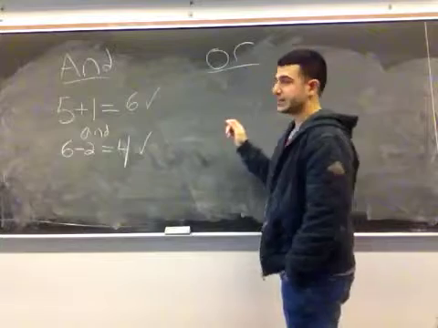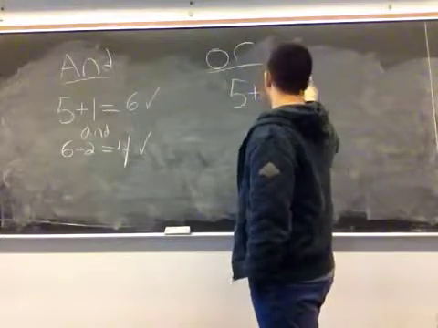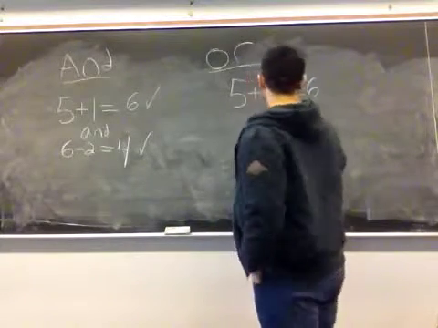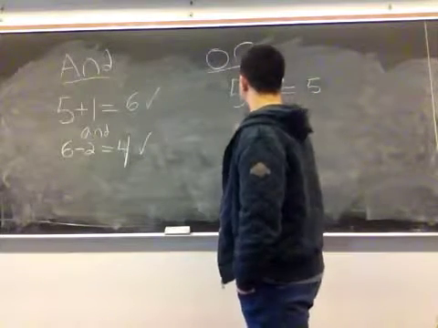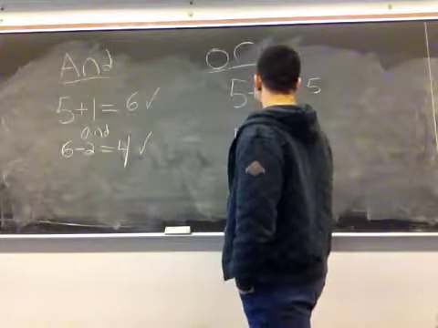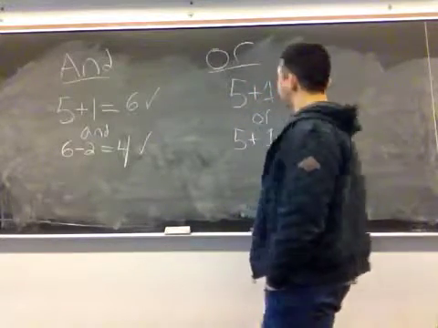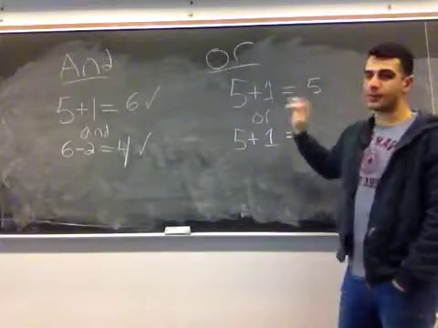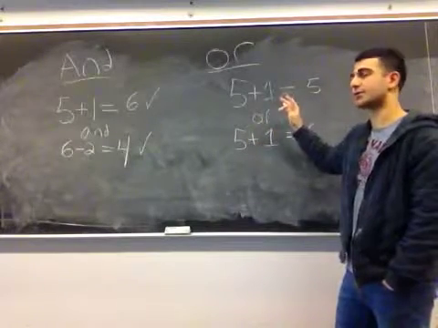An or statement, let's do the exact same example. Let's change it to this. An or statement says not both of them have to be true, only one has to be true for the sentence to be true.